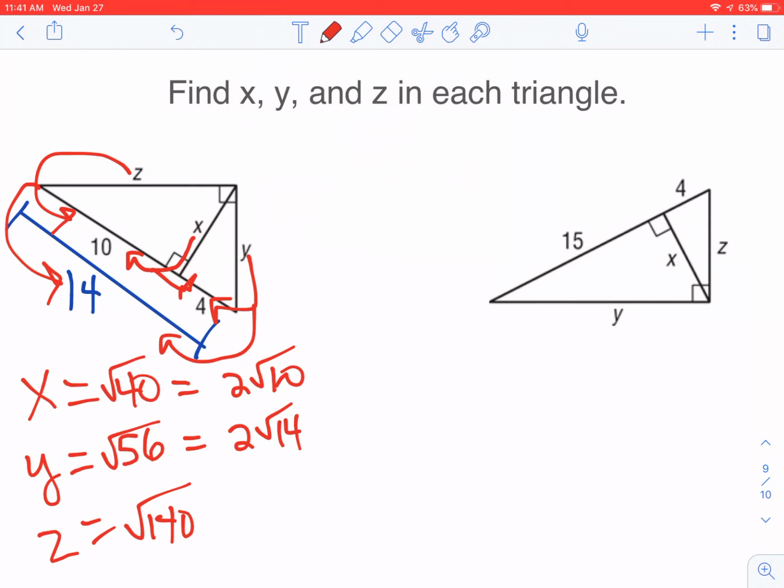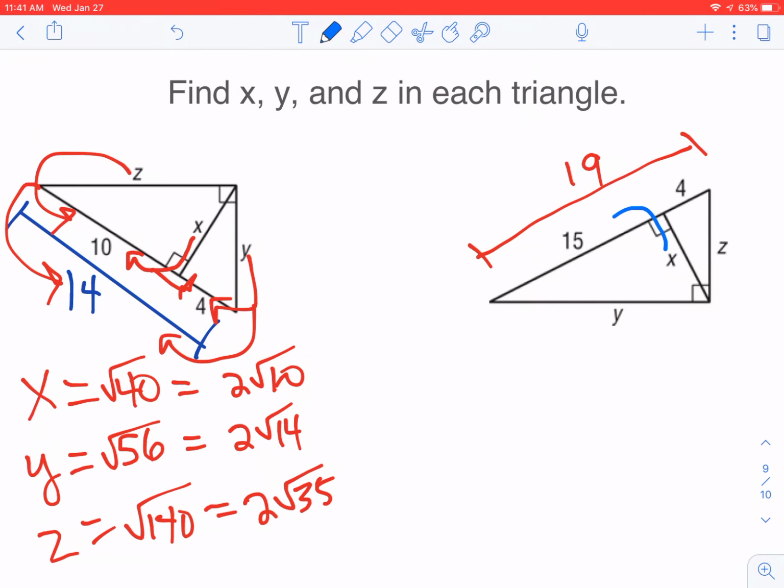Because 14 times 4, the other one was 4 times 10. And my last one, 4 once again is going to be my only factor, and so it's going to be 2 root 35. So some weird numbers there. Use your calculator, it'll help you. All right, let's add here. That's going to be 19.